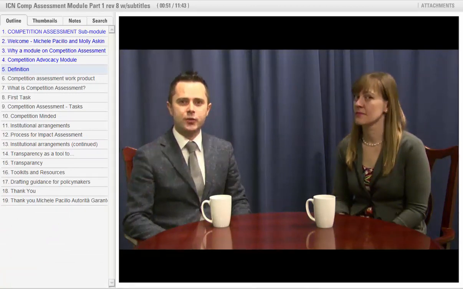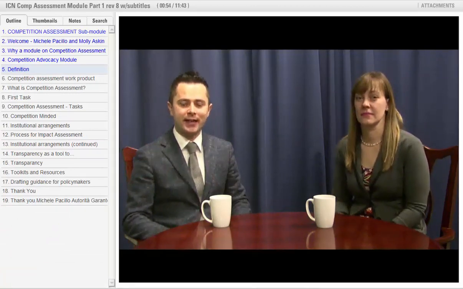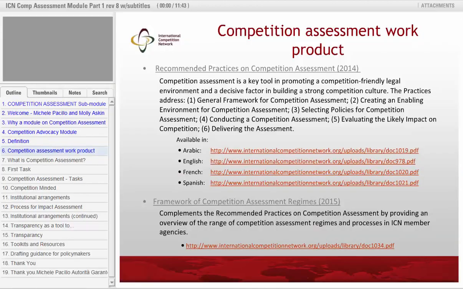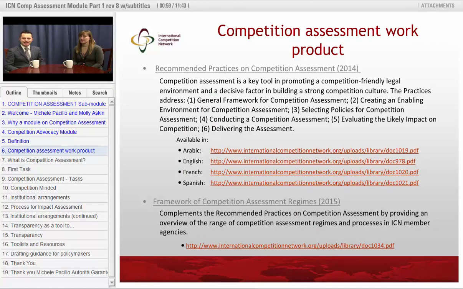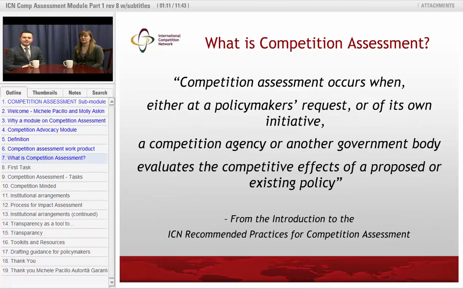Perhaps a good place to begin with this module is by defining precisely what we mean by competition assessment. According to the ICN recommended practices for competition assessment, which are available in English, French, Spanish, and Arabic languages on the ICN website, competition assessment is a review that identifies proposed or existing policies that may unduly restrict competition and evaluates the policy's likely impact on competition.